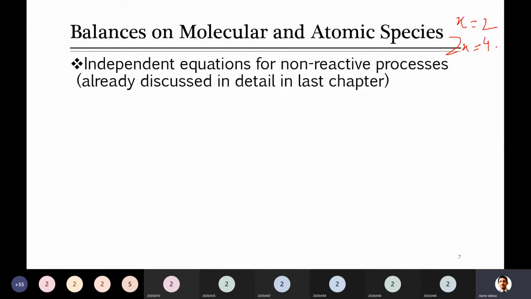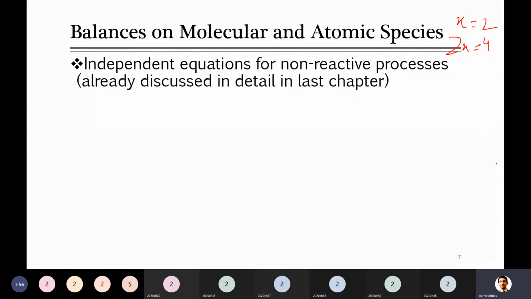When you write the component balance and overall balance equations, we have seen earlier that, for example, there are two components in the system, let's consider chlorine and propane. You write the equation of chlorine, you write the equation of propane, and this is for a non-reactive system I'm talking about, and then finally you write the overall balance equation. These look like three equations, but they are not independent. Independent equations are two in that system. We already discussed this earlier in the lectures when we started with these non-reacting systems.